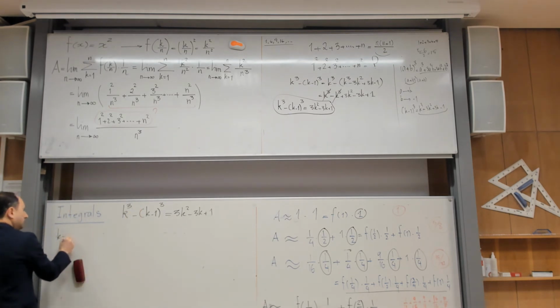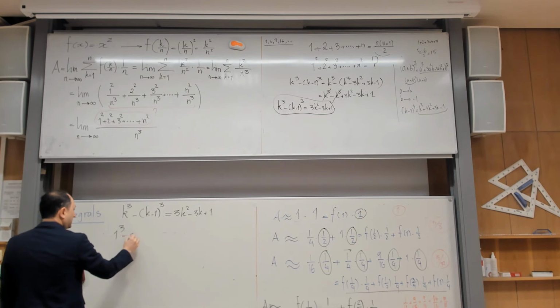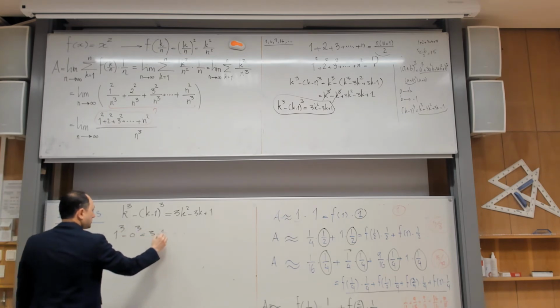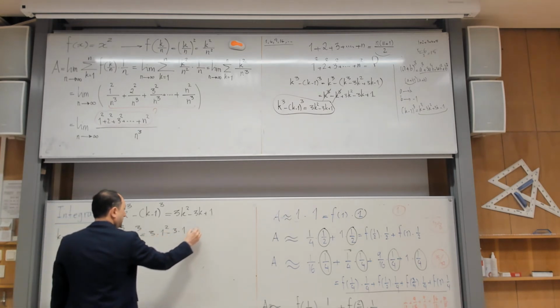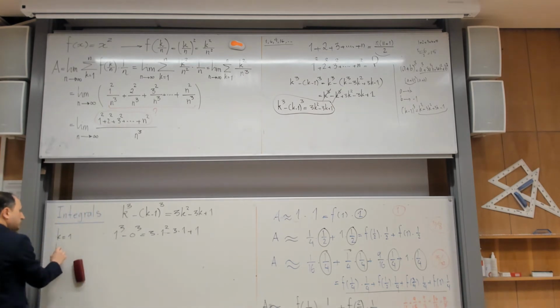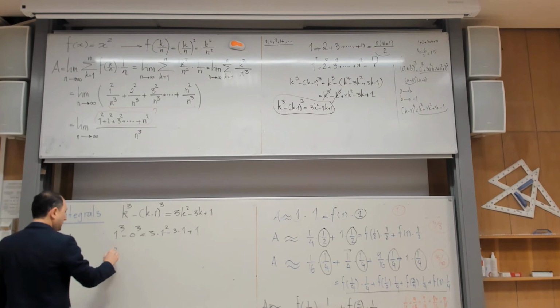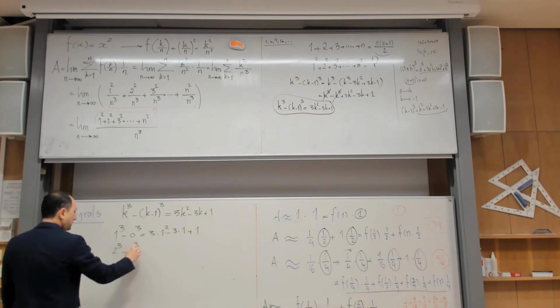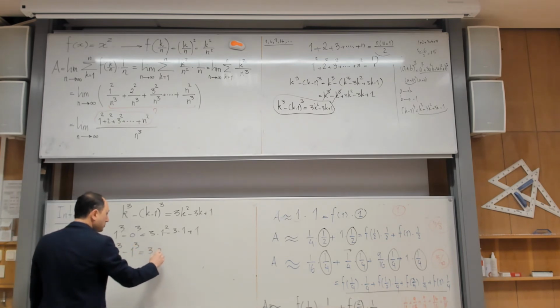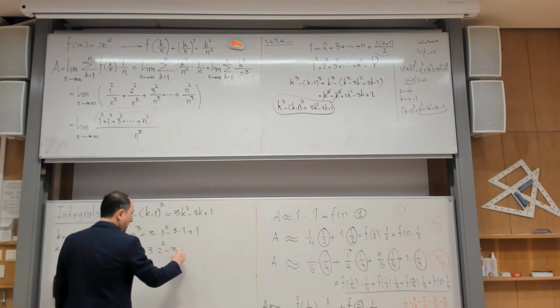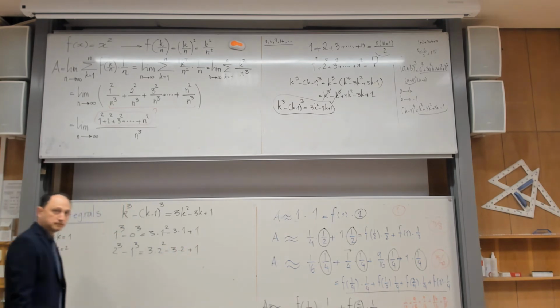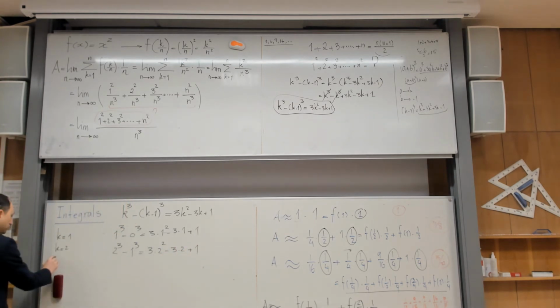So for k equals 1, it is 1 to the power of 3 minus 0 to the power of 3 is 3 times 1 squared minus 3 times 1 plus 1. And put k equals 2. Yes, that was my mistake. 2 to the power of 3 minus 1 to the power of 3 is 3 times 2 to the power of 2 minus 3 times 2 plus 1. And let me put one more for you.